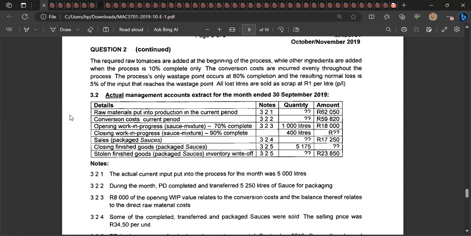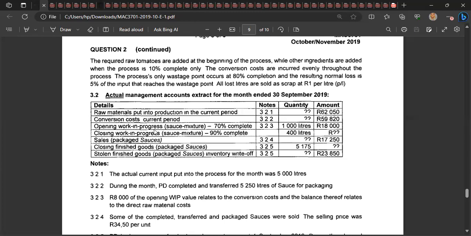At the end of the day, we want the direct material cost per unit, and then also the conversion cost per unit. Conversion cost is the cost that we incur in converting those direct materials into finished products, which includes your direct labor, your machine hours, etc. That's what we want to calculate now.